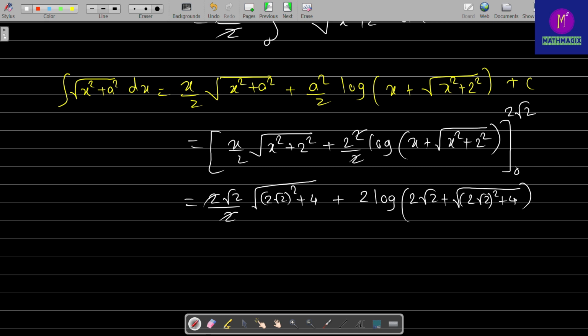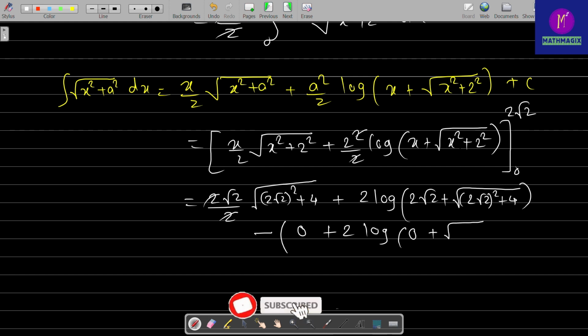Now let us substitute the lower limit, so we'll have a minus sign. Please put bracket. By substituting 0 in place of x, I'll get the first term as 0 completely, plus 2 log of, in the second term, 0 plus square root of 0 plus 2 square, that is square root of 4. So this is equal to root 2.